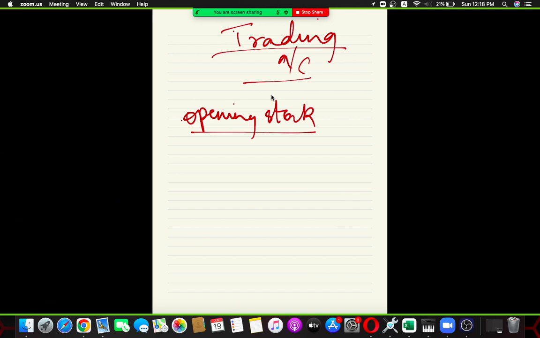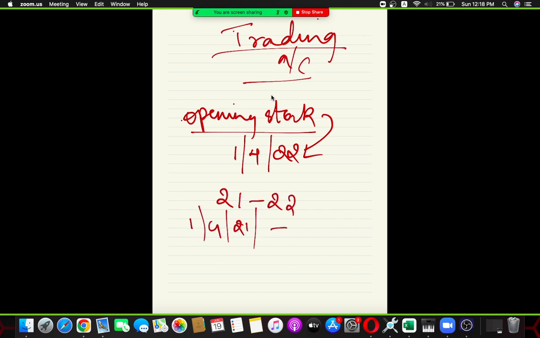Let's take an example. Let's consider this as on 1/4/2022. If we are considering closing stock as an example, and I am considering this as an opening stock, can I say this was the closing stock for the year 21-22, that is from 1st April 2021 to 31st March 2022?